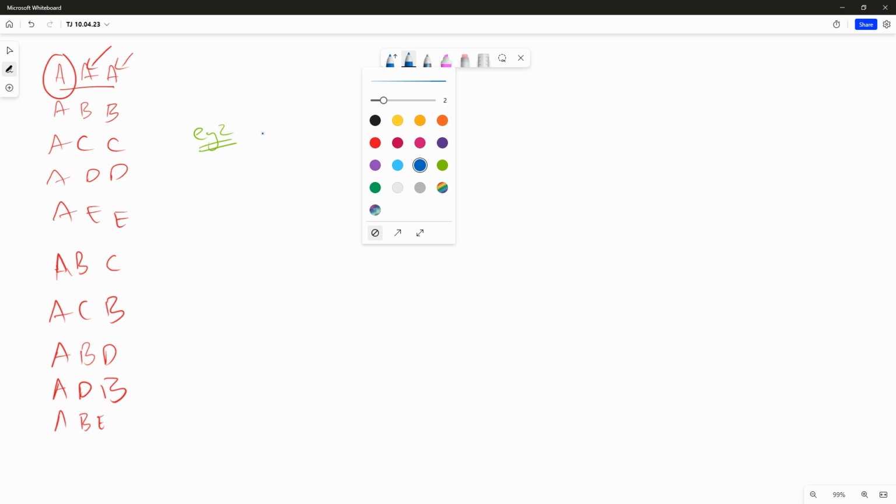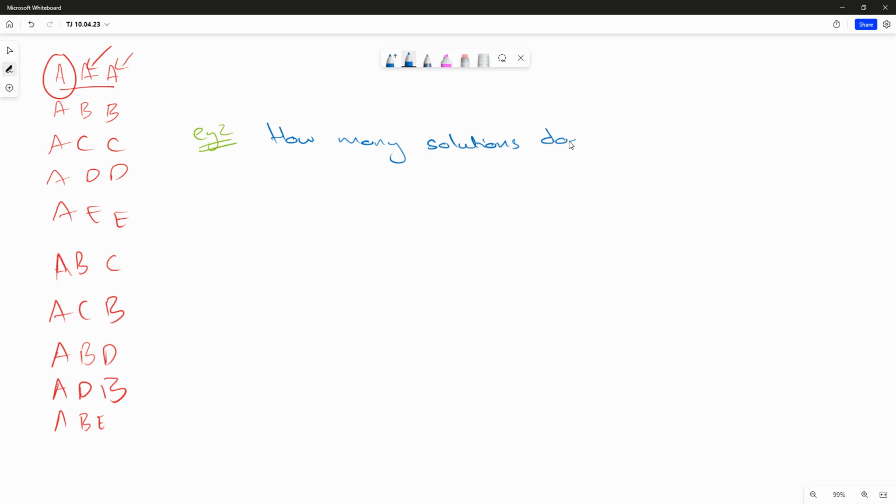How many solutions does the equation x1 plus x2 plus x3 equals 11 have, where x1, x2, x3 are non-negative integers?